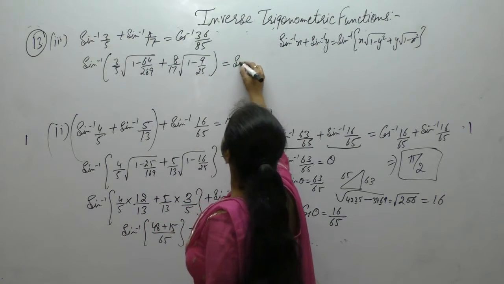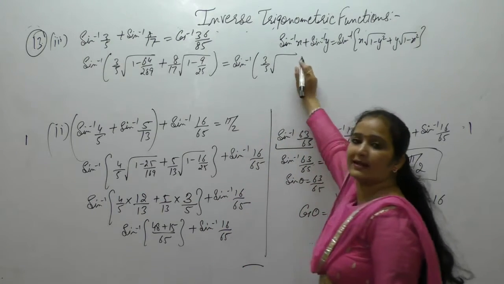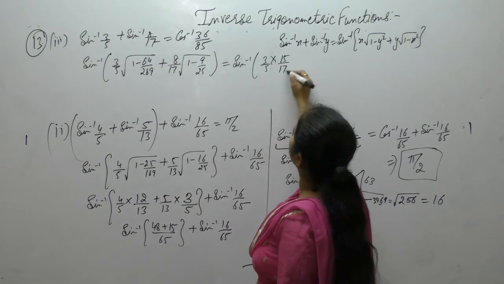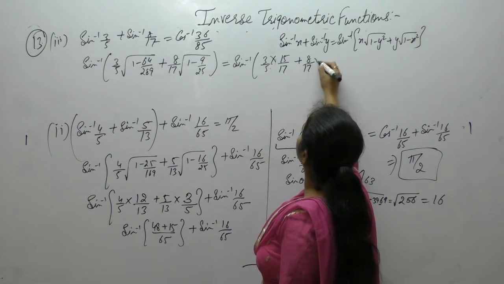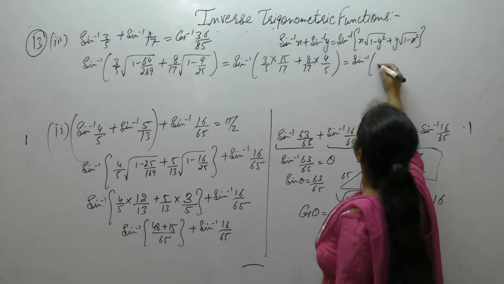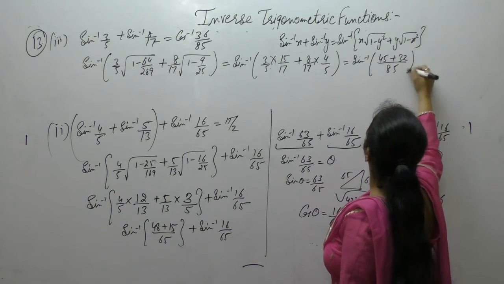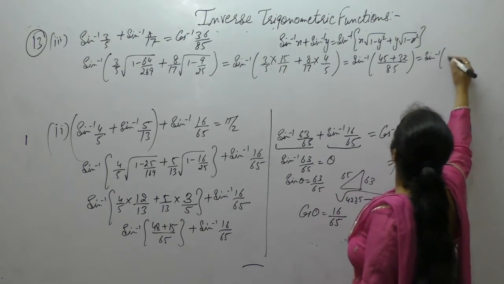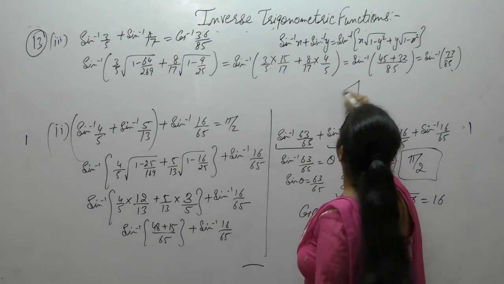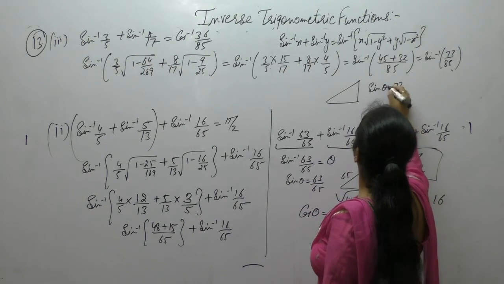So we get sin inverse 3 by 5, 289 minus 64, 225, and square root of this, 25 minus 9, 16. So we get sin inverse 15 into 3, 8 into 4. We get sin inverse 77 upon 85. Let this equal theta. Then sin theta is 77 upon 85.